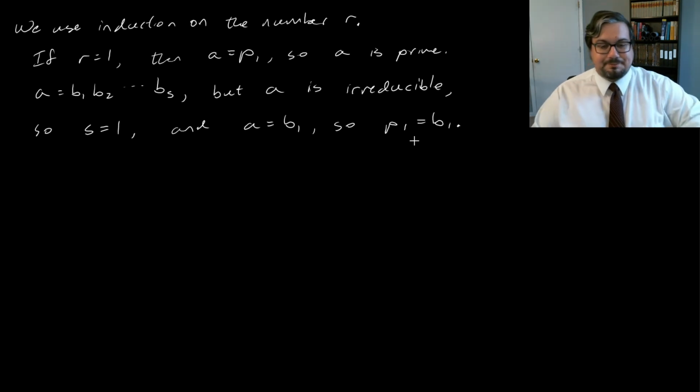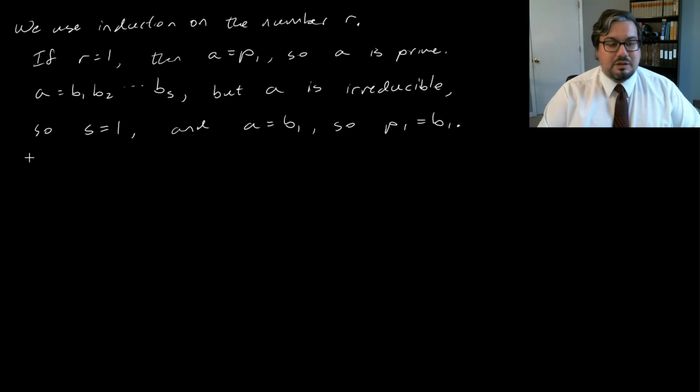So the case R equals 1 when A itself is a prime element is pretty immediate like that. So now we're going to step up to the inductive step.